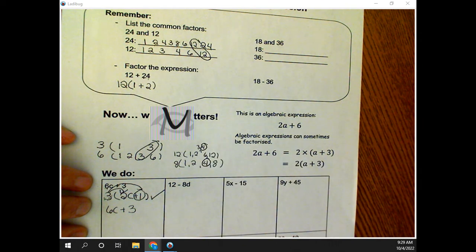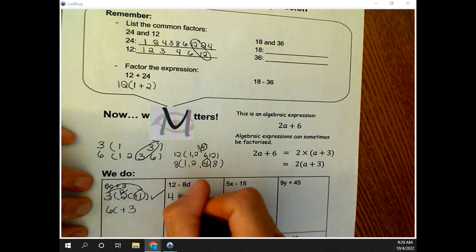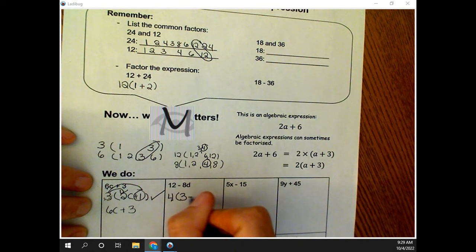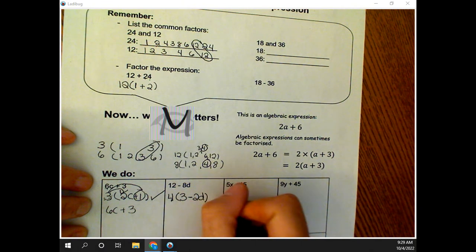Are you seeing how I'm figuring out what is my greatest one? All right, so then let's break this down. 12 divided by 4 is what? 3. Minus 8 divided by 4 is what? 2. And we're adding our d to it.